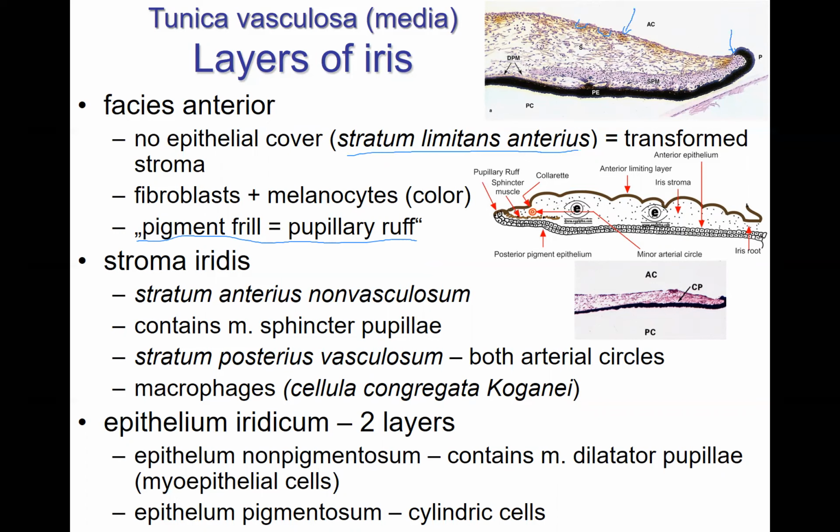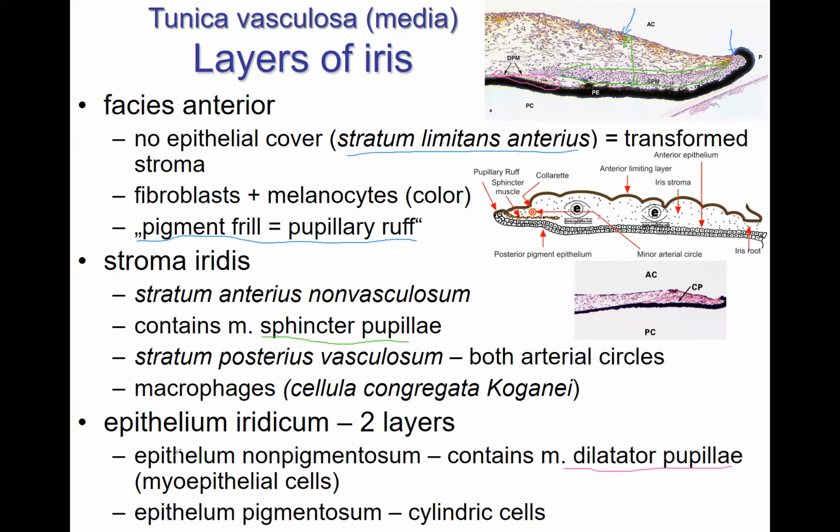Then we have the stroma. And what is in the stroma? In the stroma we have mainly the muscle, the sphincter, as you can see here, for example. And the dilator is not here. The dilator is part of the posterior epithelium, so the dilator is this layer.